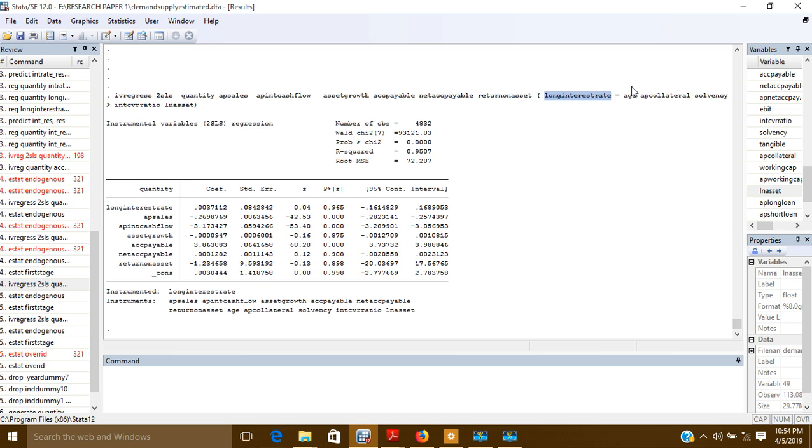For that I will have to check for endogeneity, and the command for that will be estat endogenous long interest rate.